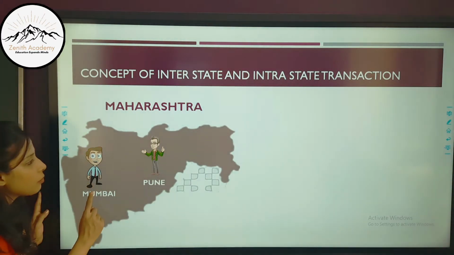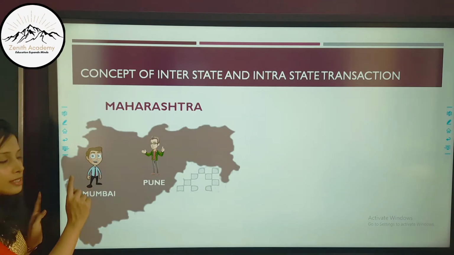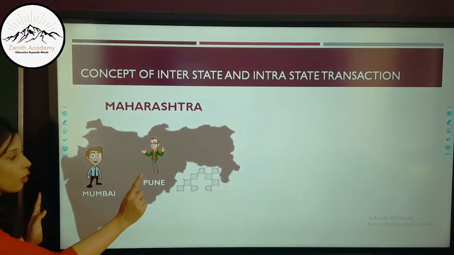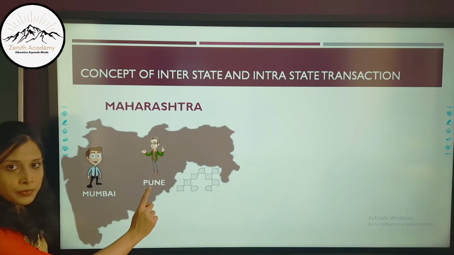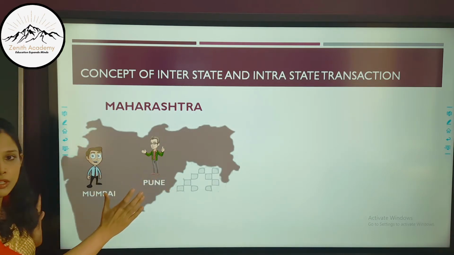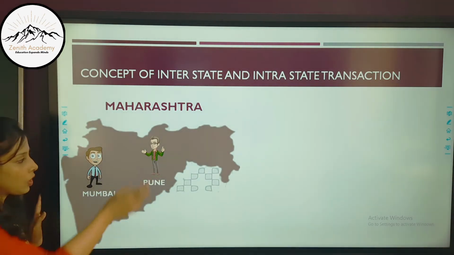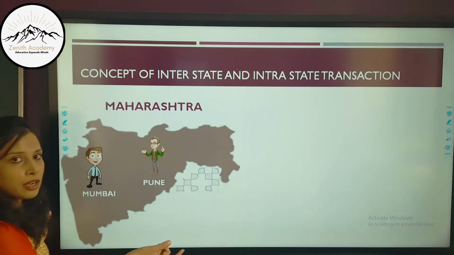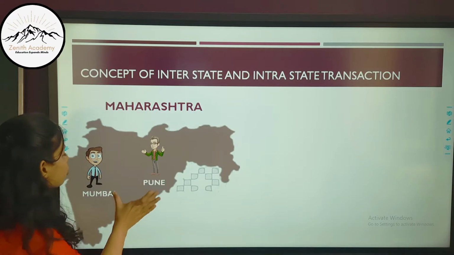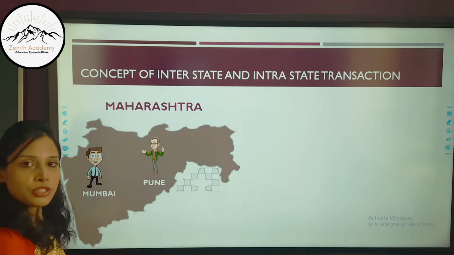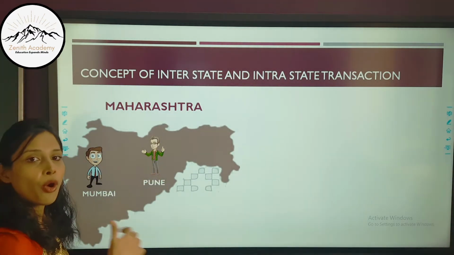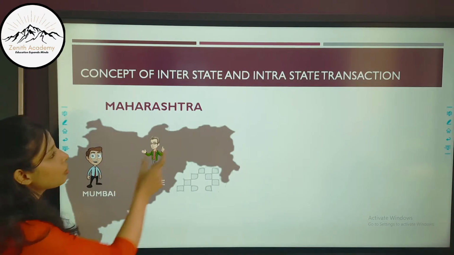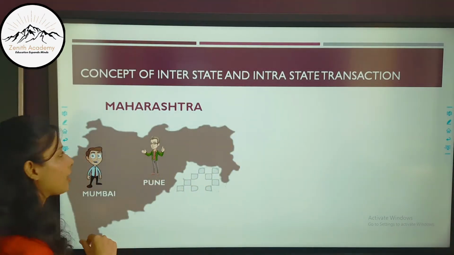So when a person in Mumbai is selling or purchasing goods from a person in Pune, that transaction will be called intrastate because this is happening within the state of Maharashtra, not outside the state of Maharashtra with any other state. So the transaction between these two persons, that is either selling or purchase of goods, is said to be the intrastate transaction.